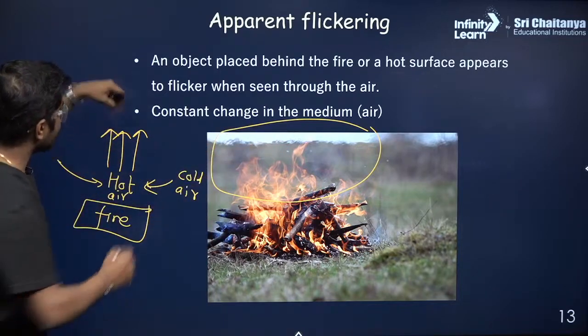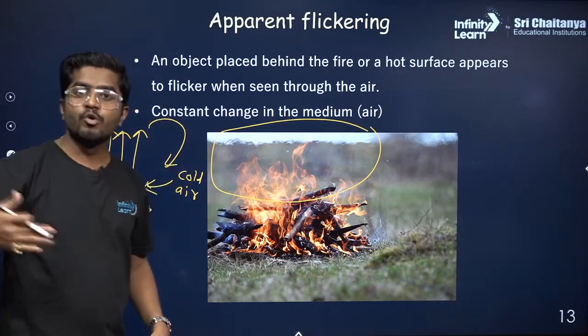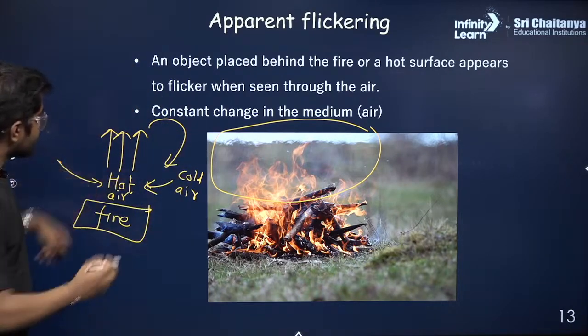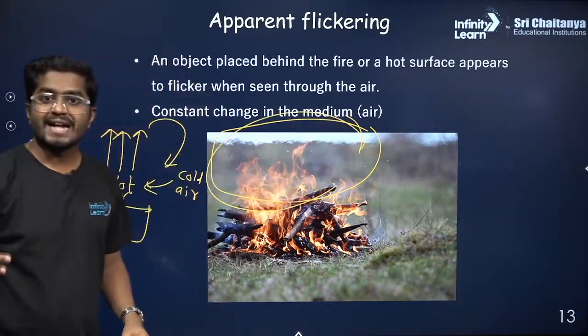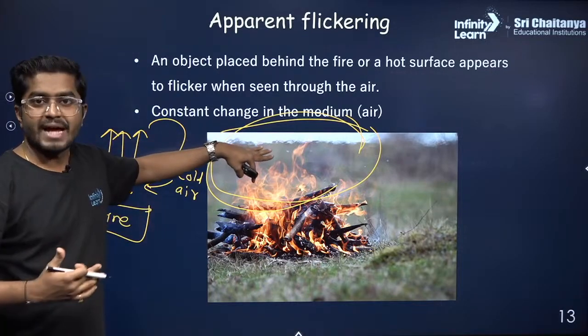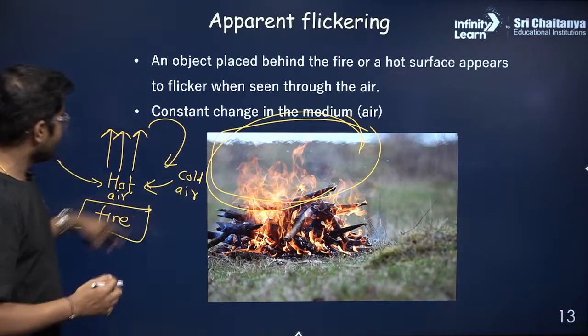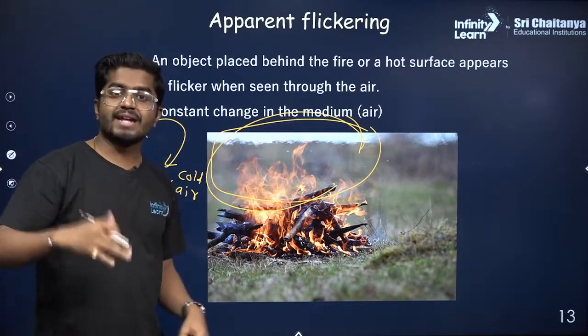So when there is a constant shift in this motion of the air, what happens to the air which is just above? The refractive index will keep on changing. Sometimes the refractive index is low when it is hot. When the air is hot, refractive index is low.